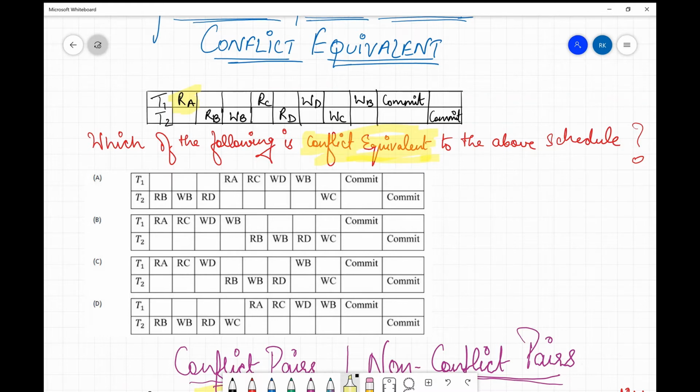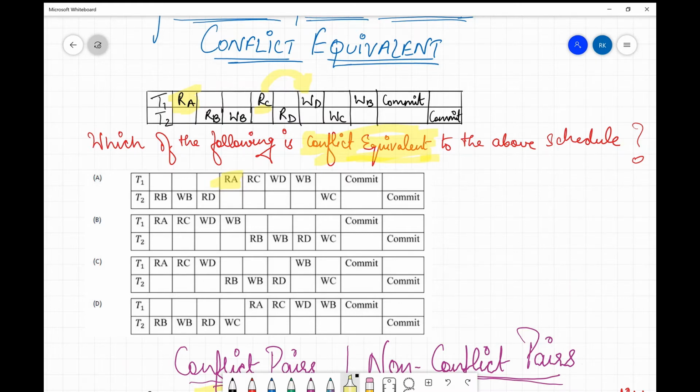Let's move on to the second operation. Then what they've done is they have moved RB, WB, RD to the front. RA is not any problem, but WB, RD we need to check. They have brought them to the front, which means they have shifted the place of RC after RD.